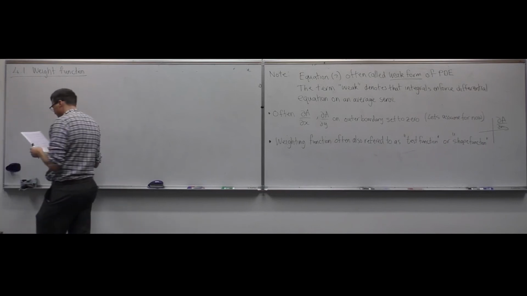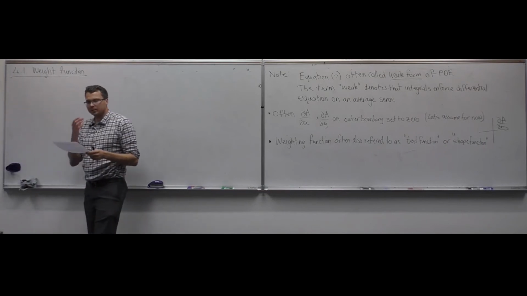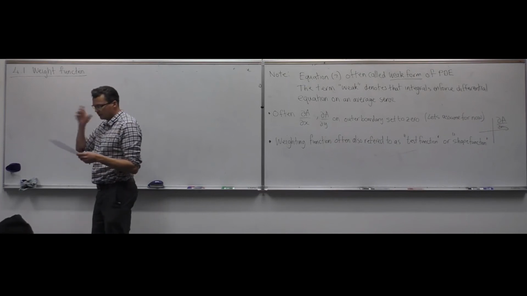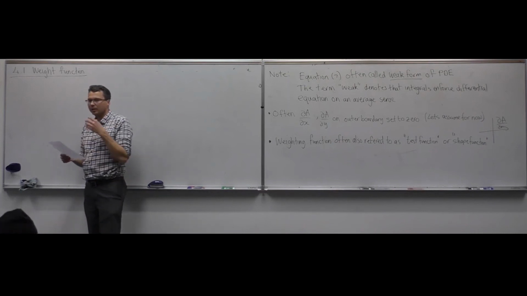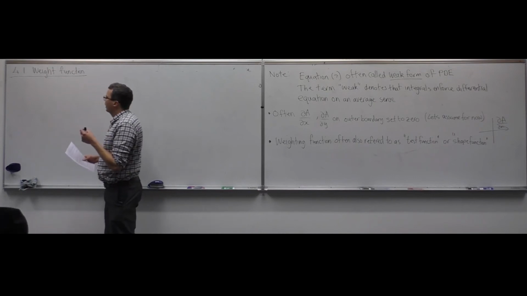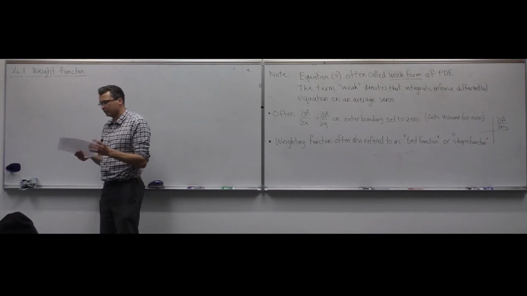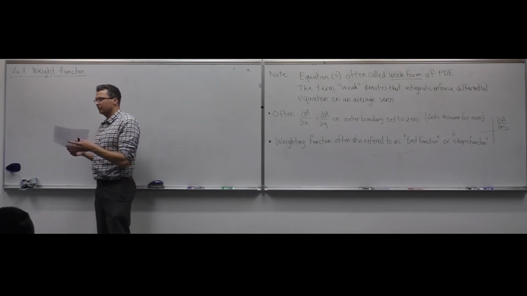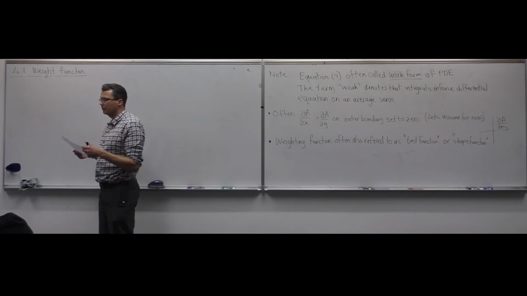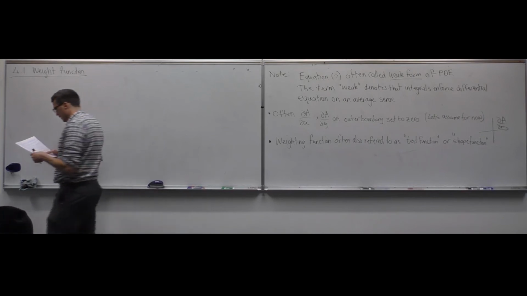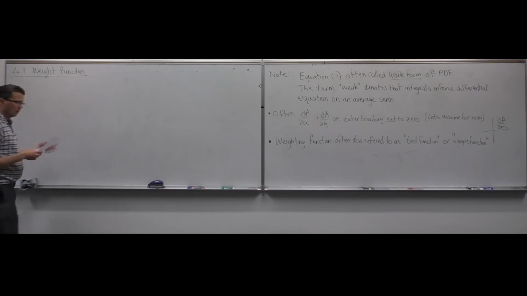Now, normally we cannot solve equation 7, the weak equation, using a single trial function. If you think about it, most problems are not going to have uniform material across the whole region. They're going to be non-homogeneous, nonlinear, and the geometry is going to be complicated.